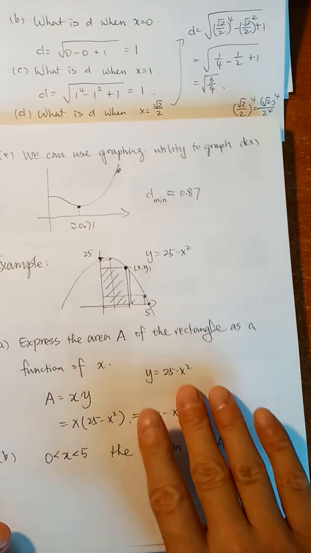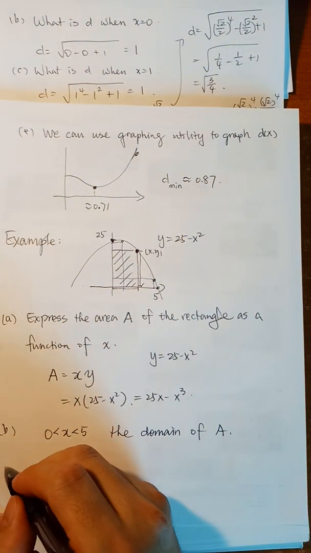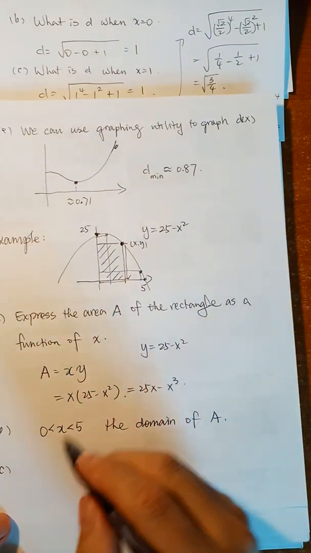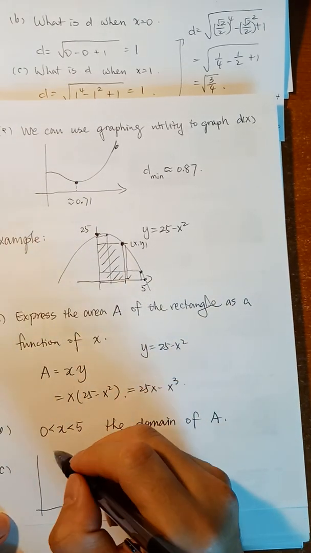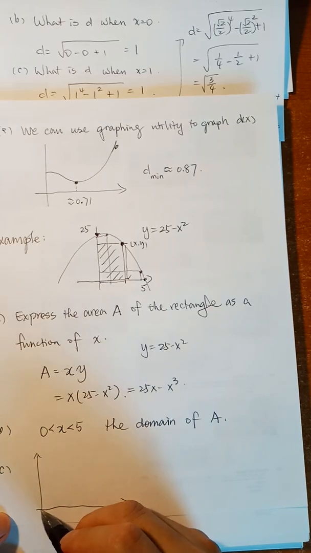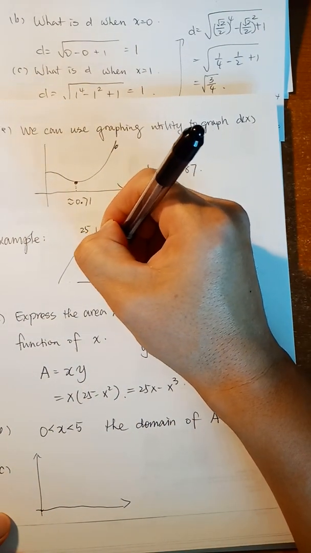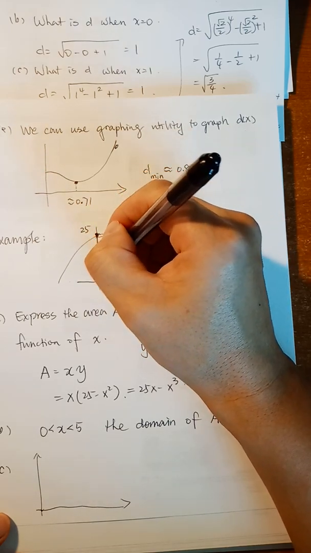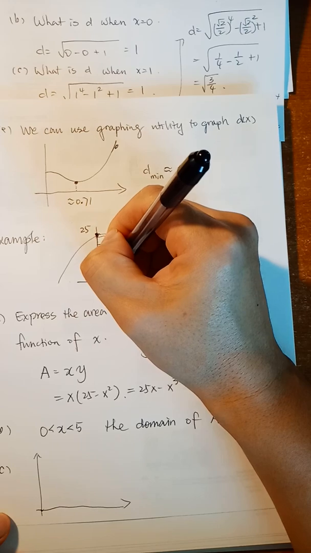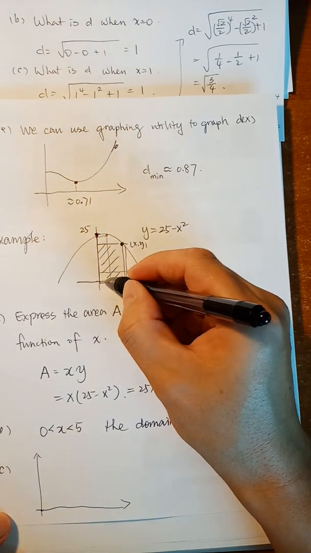Okay? And if we use some graphing utility to graph this A in terms of x, it looks like this. So when x is 0, at this point you cannot construct a rectangle. You only have a vertical segment. The area is 0. If you let x equal 5, you get a horizontal segment.